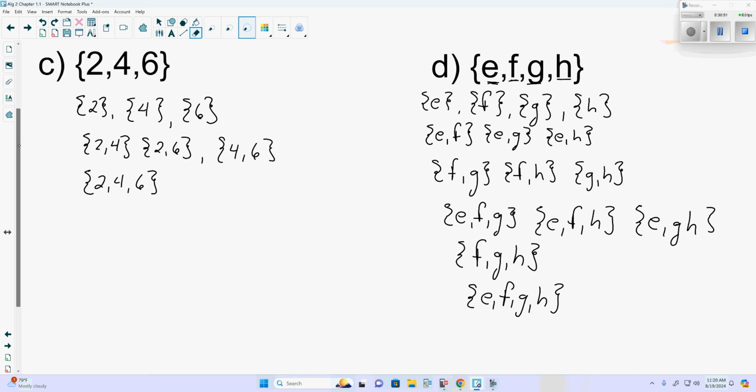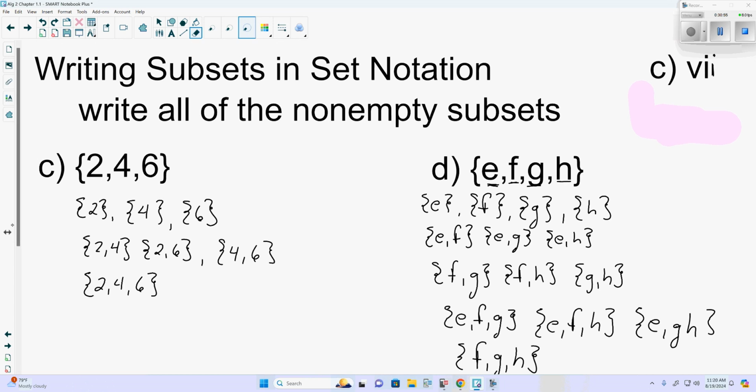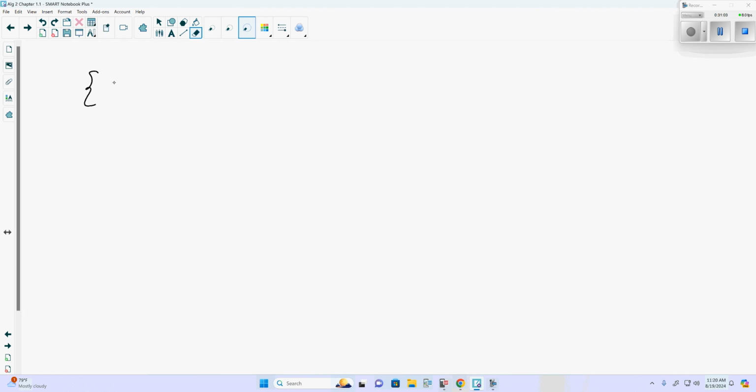Now, I did say something earlier, and all of these have said what? Write all of the non-empty subsets. And the reason we say non-empty is because this here is considered the empty set. So a 0 with a line drawn through it is the empty set. It's the set containing nothing.